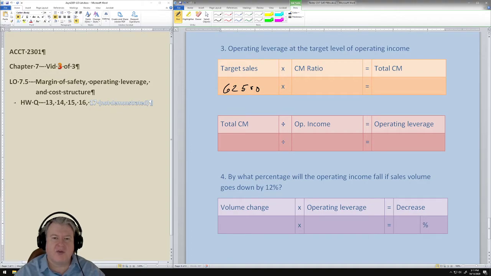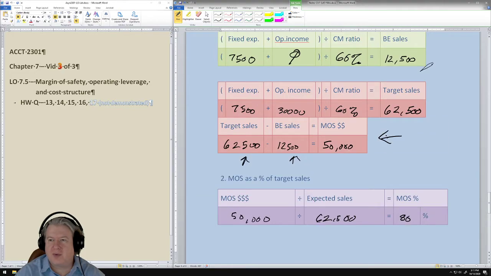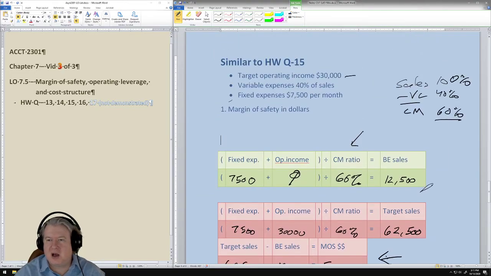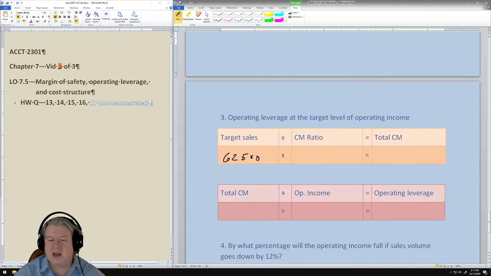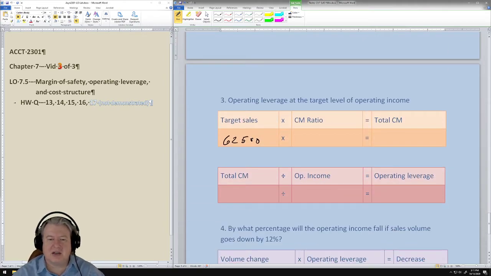Remember, coming back up here, for every dollar of sales, 40 cents is variable cost and 60 cents is contribution margin, right? So if our total sales is 62,500, for every dollar of that sales, 60 cents is contribution margin, and we just multiply that out.